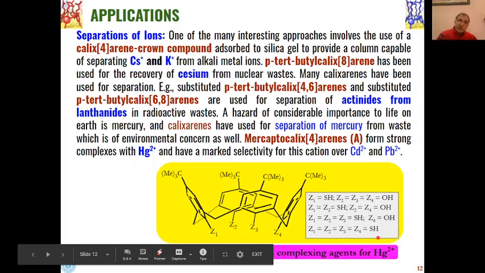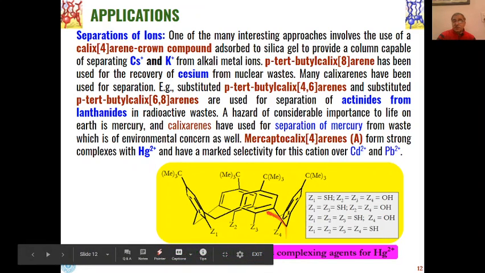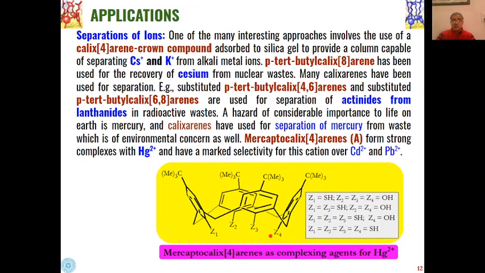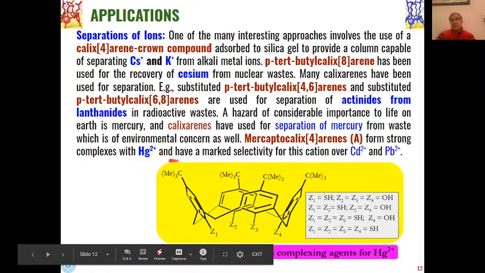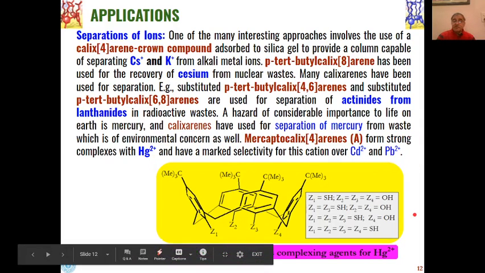So depending upon the type of environmental waste from which the mercury is to be separated, we can use different types of complexing agents for separation of mercury from the environmental waste. And it has been seen that these types of calixarenes show selectivity for Hg2+ ions over cadmium or lead2+ ions.